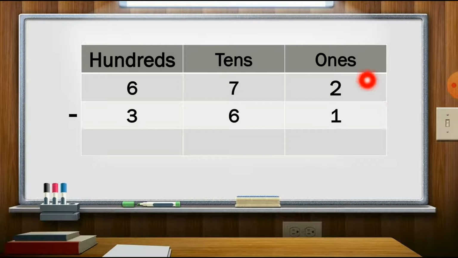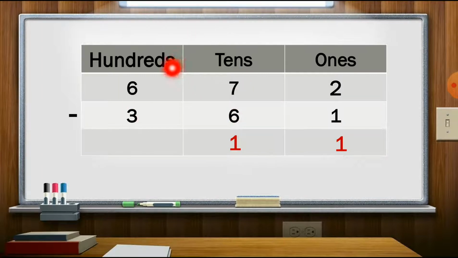The ones column has 2 minus 1. If we cut 1 from 2, we get the answer 1 only. Now this ones column is complete. So let's move to the tens column, which has 7 minus 6. If we cut 6 from 7, we get the answer 1 only again. So the tens column is complete also.